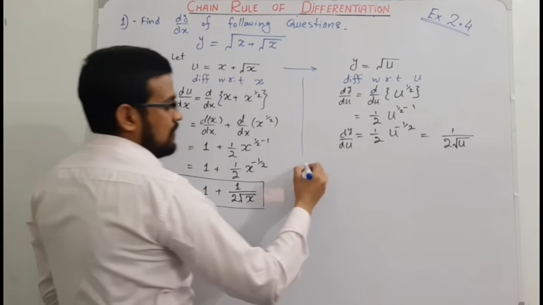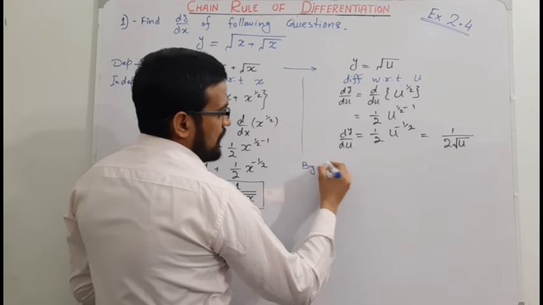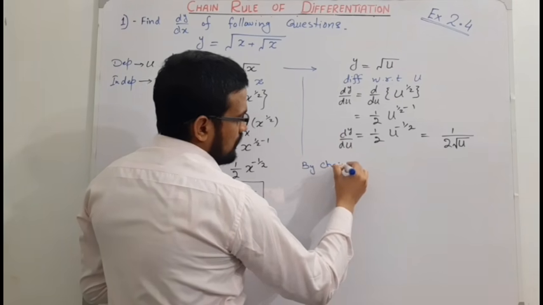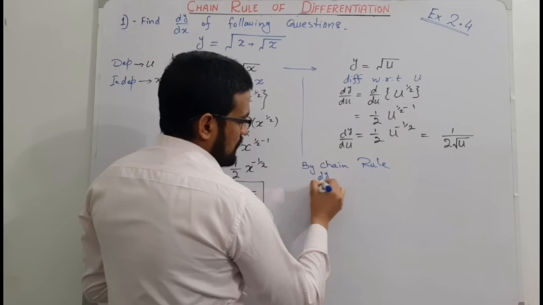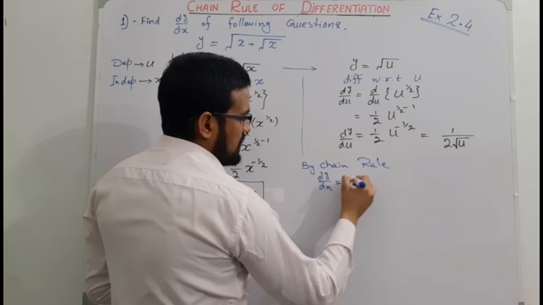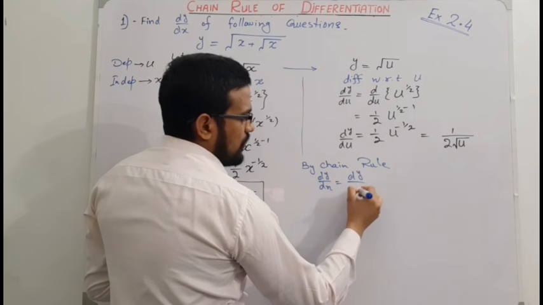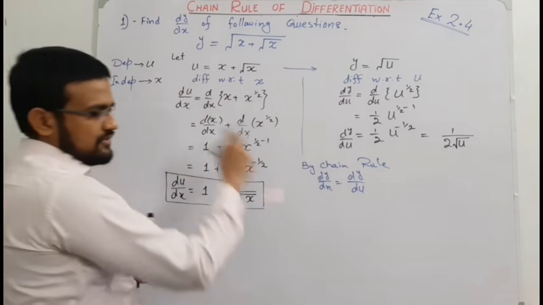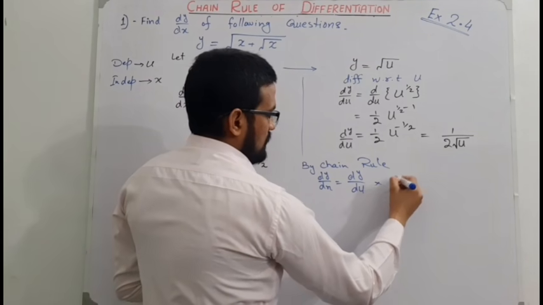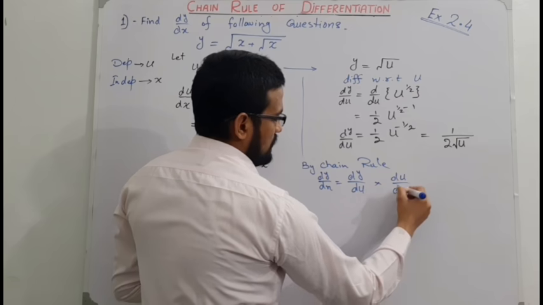So by chain rule, dy over dx is equal to dy over du times du over dx, because we suppose u is a function.